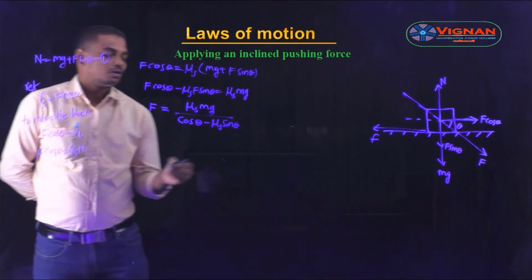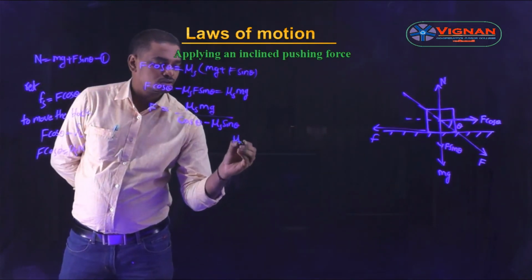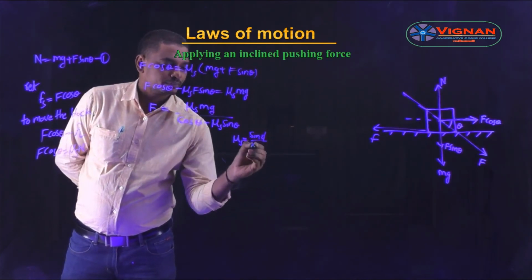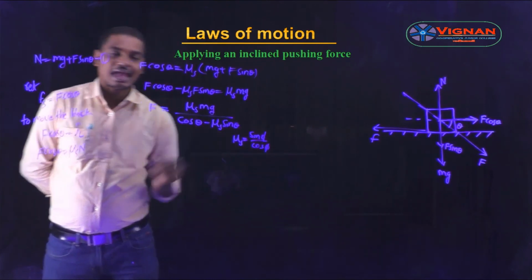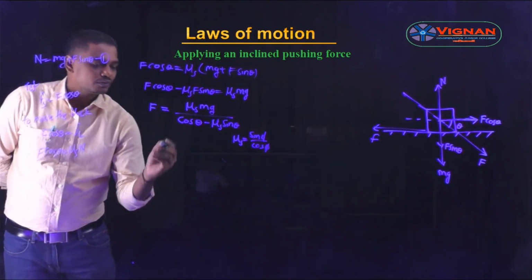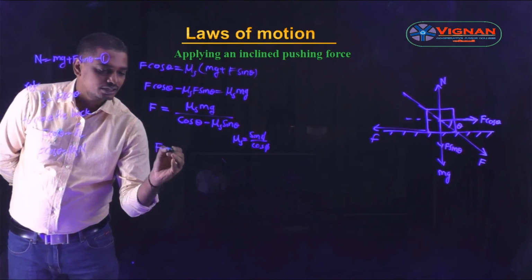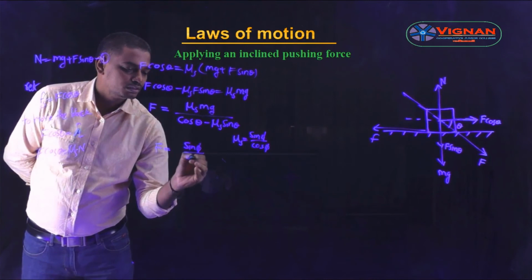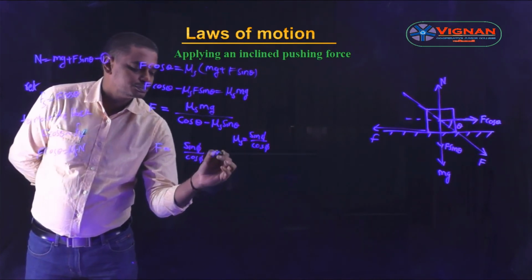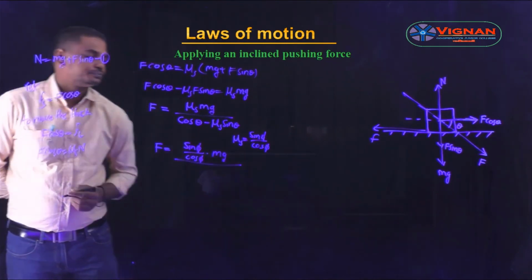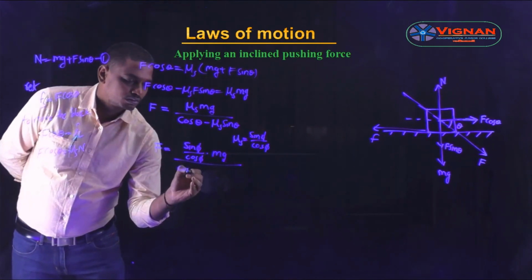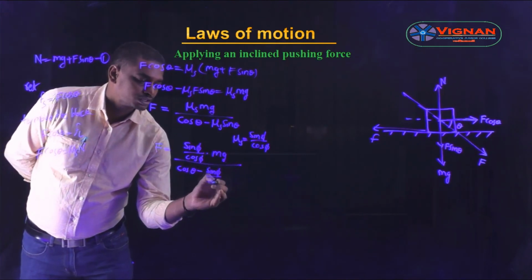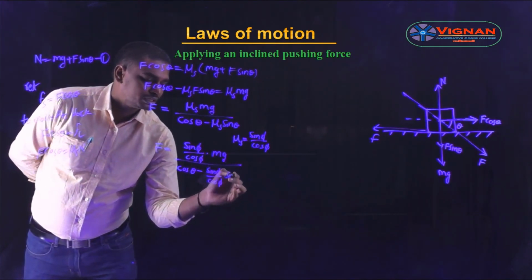Okay, from this we know that mu s is equal to tan phi, or sin phi by cos phi, where phi is the angle of friction. By substituting the value of mu s in the above equation, we get F is equal to sin phi by cos phi into mg, whole divided by cos theta minus sin phi by cos phi into sin theta.